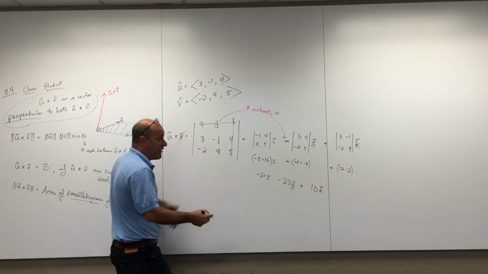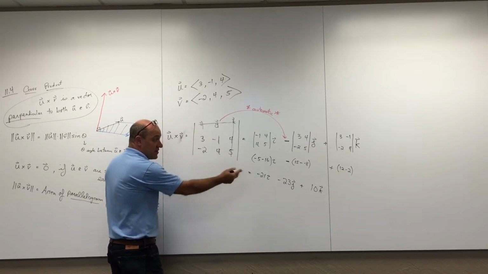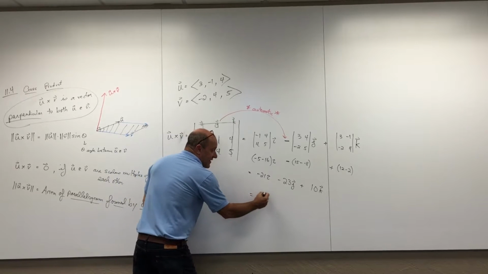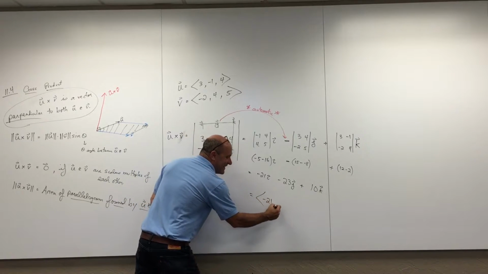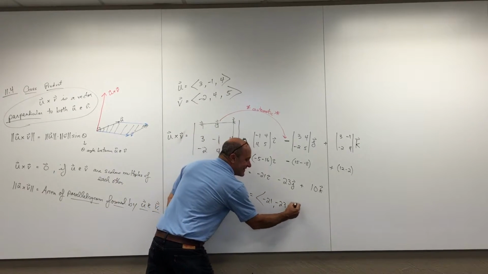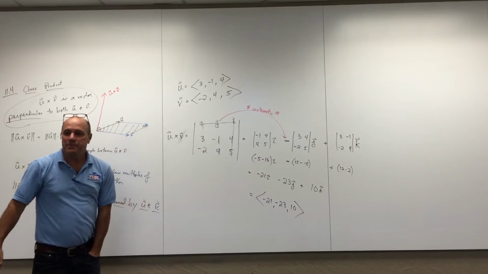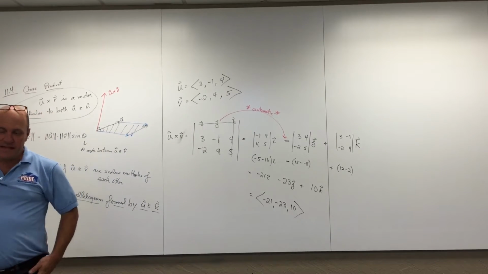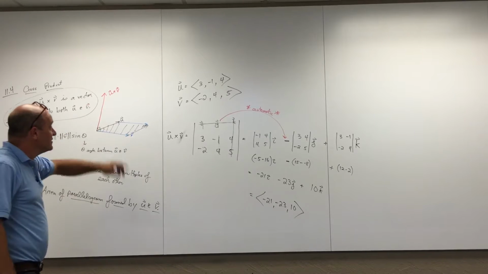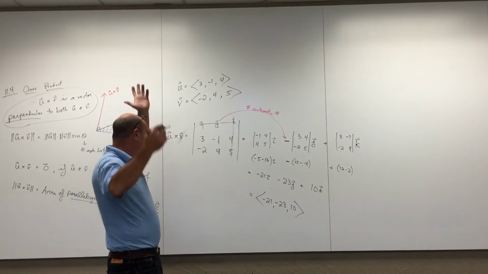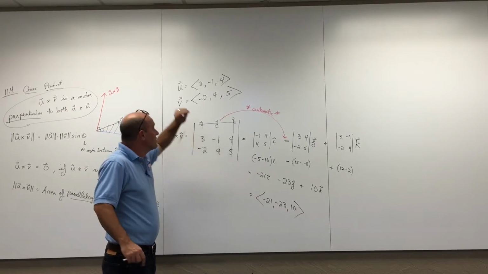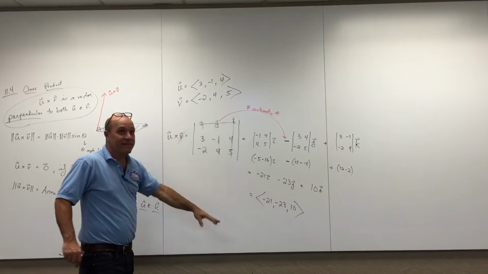But to tell you the truth, now I'm at the end of this. This is the cross product. This is the answer, and I like to write it back my way here. It's that vector, and that's perpendicular to both those original vectors. I guess I could check that. How would I check to see if he's perpendicular to both original vectors?